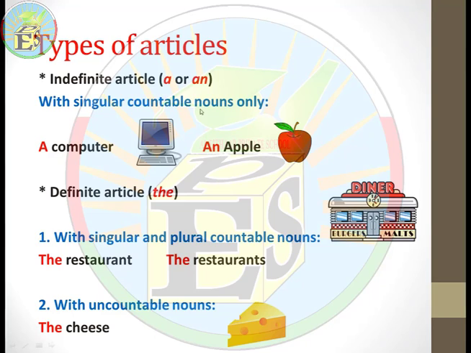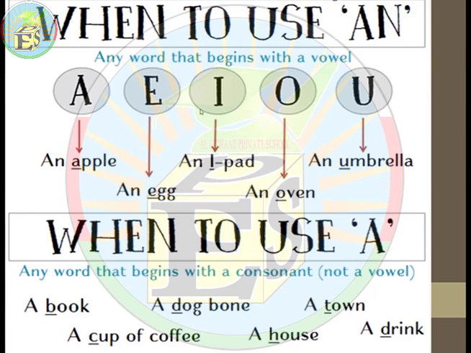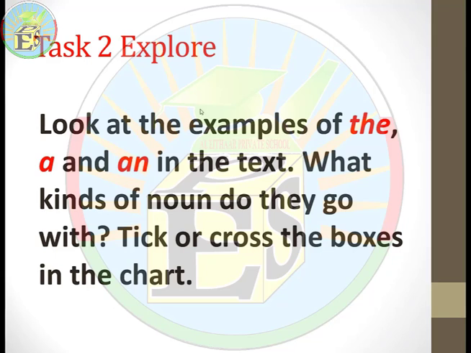They are written in blue color. So this is basically what you need to do in task number 2. As I told you, you can stop the video and try to do it yourself, go back to the rule, or check the answers with me right here.